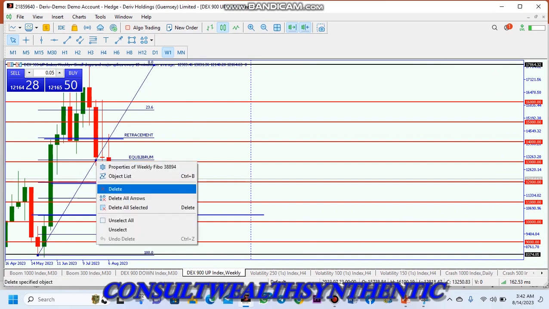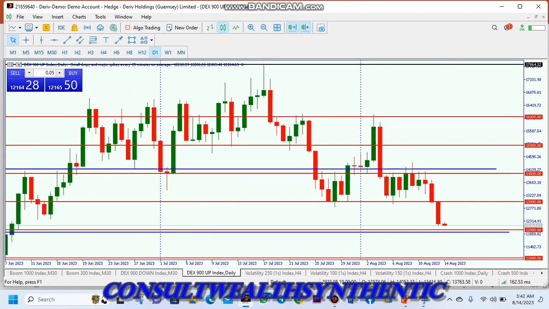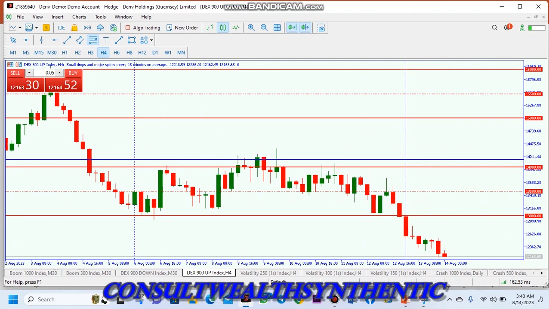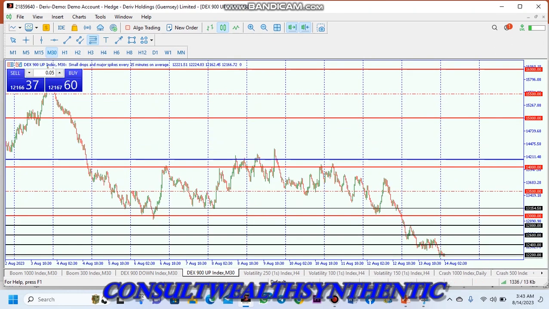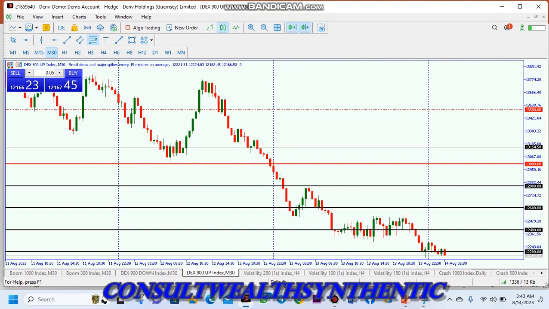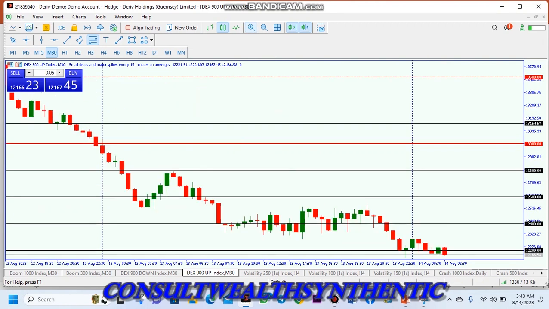So let's come to our daily time frame. You see this happening. So you see this. So it's heading to 12,000. It's heading for 12,000 region. So coming to 30 minutes, once this 30-minute order block is formed, this fully engulfs this by 4 a.m., then we are looking for something like this.